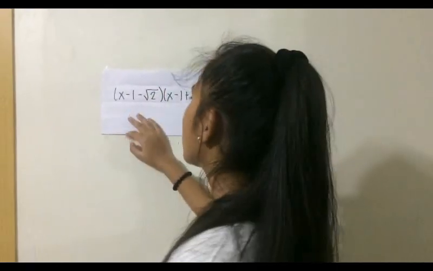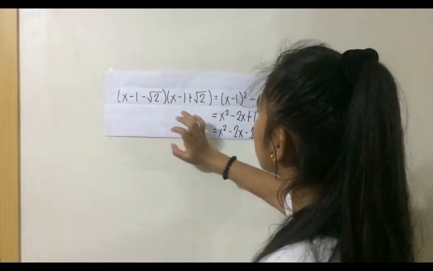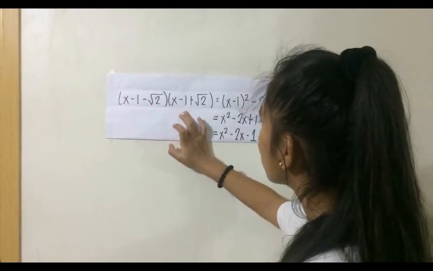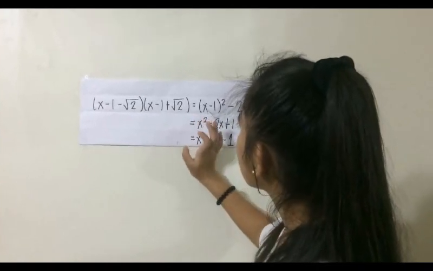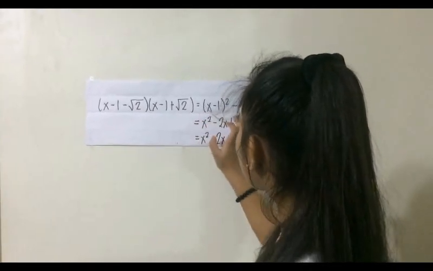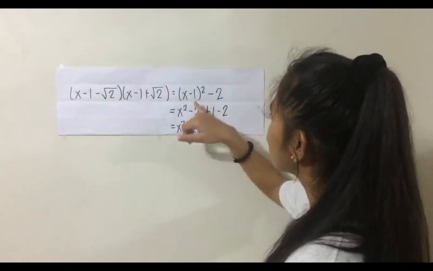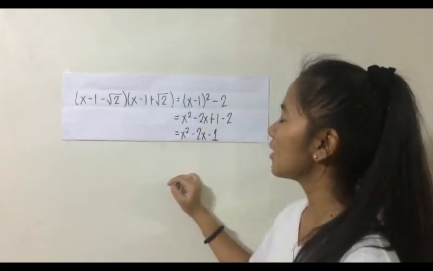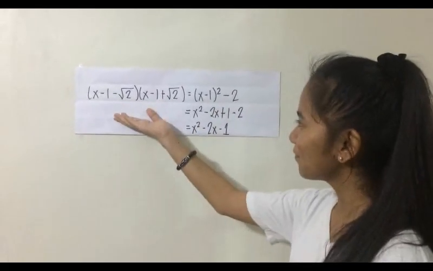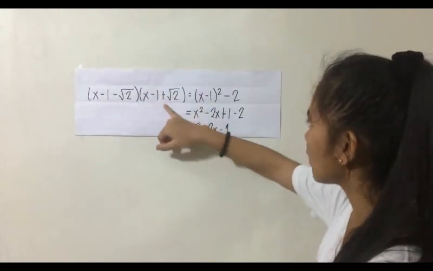So the given is x minus 1 minus the square root of 2 multiplied by x minus 1 plus the square root of 2, which equals x minus 1 squared minus 2. The reason why we have x minus 1 squared is because we have a similar term, which is x minus 1 times x minus 1.